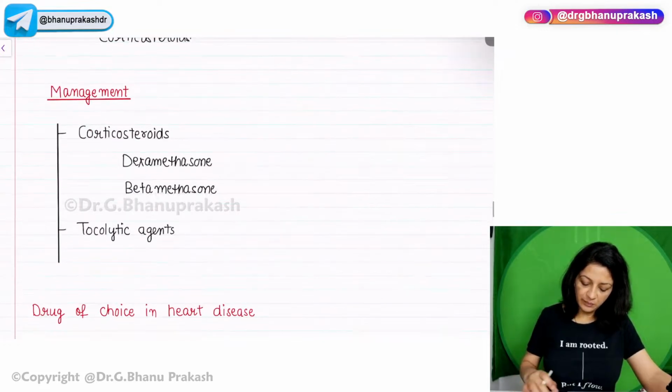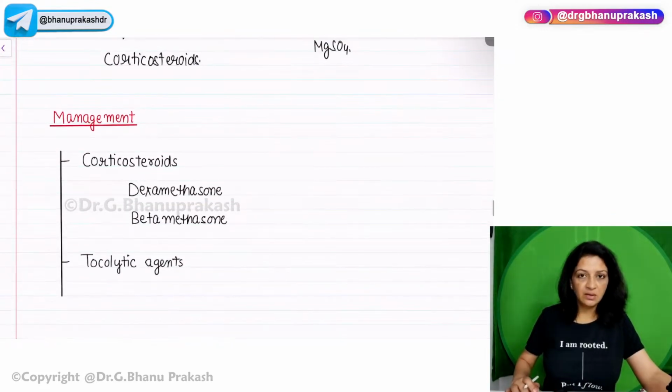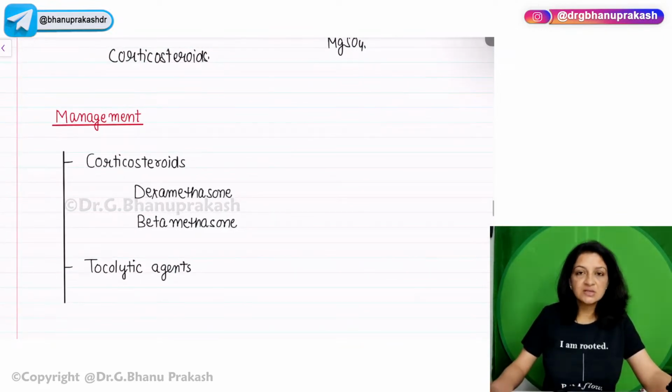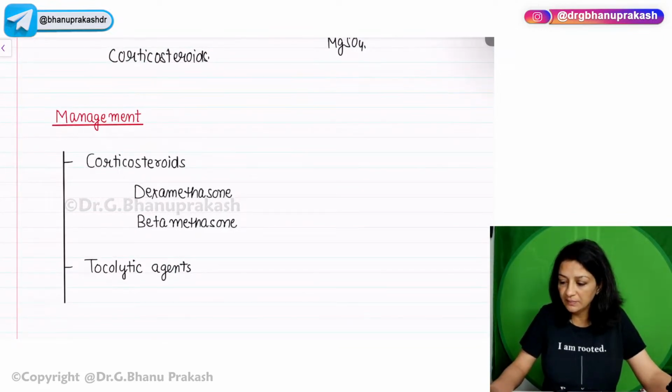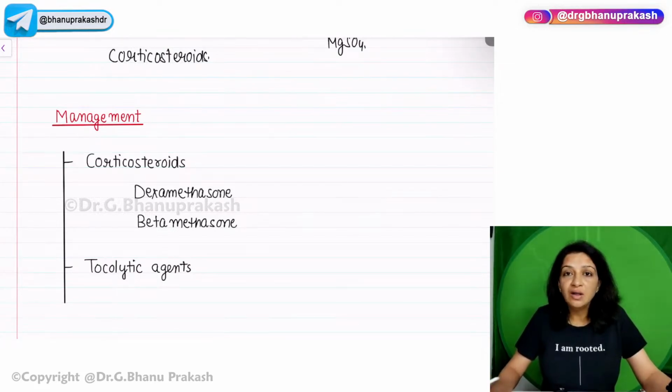So the important one is management in case of preterm labor. The patient is presented with preterm labor and the period of gestation is 32 weeks. Then we have to give steroids. Steroids should be given to all females with preterm labor.